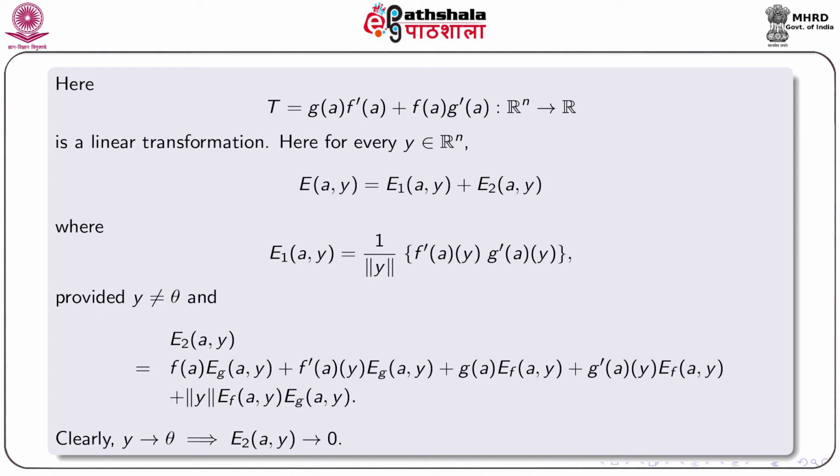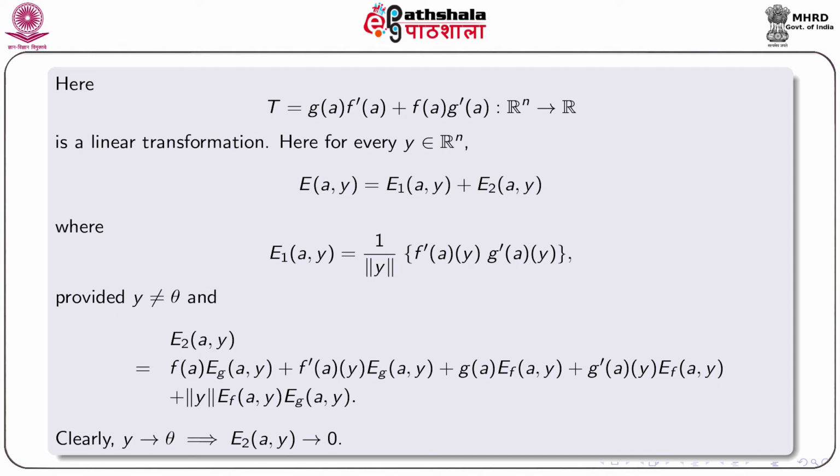In case y is the origin, we can simply take E1 a y as the real 0. So, E2 a y will be the other terms. That is nothing but f a E g a y plus f dash a y E g a y plus g a E f a y plus g dash a y E f a y plus norm y E f a y E g a y.